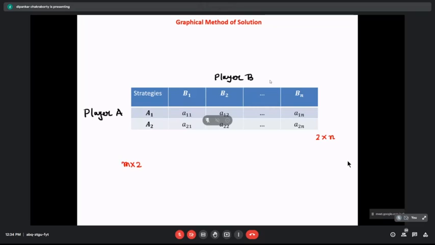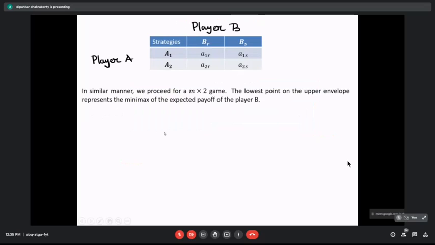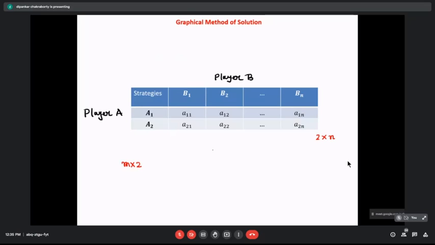Okay. Now, before proceeding to say anything about the method or solution, I would like to give you one example so that it will be easy for us to understand how we can apply the graphical method of solution. And then I'll come back here also to give you the idea. So the first problem I'm going to consider: as I mentioned, the purpose of using the graphical method is to convert this 2 cross n payoff matrix to a 2 cross 2 payoff matrix.